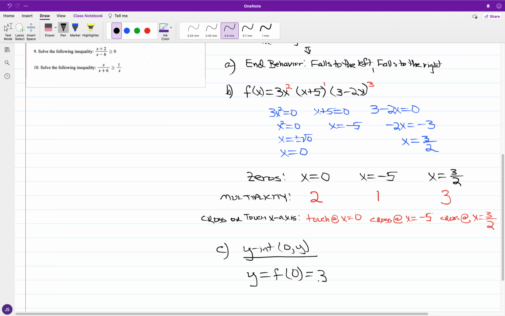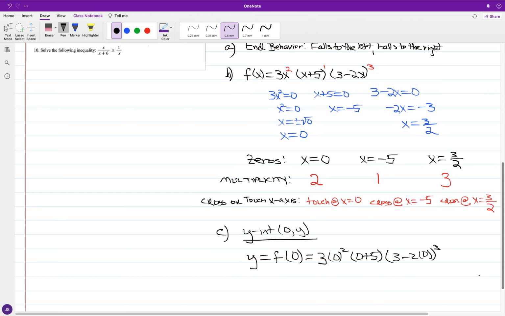So we have 3 times the square of 0 times 0 plus 5 times 3 minus 2 times 0 cubed, and you can just go ahead and stop, because we have 0 squared is 0, 5, and you got 3 to the third, which is going to be 27.